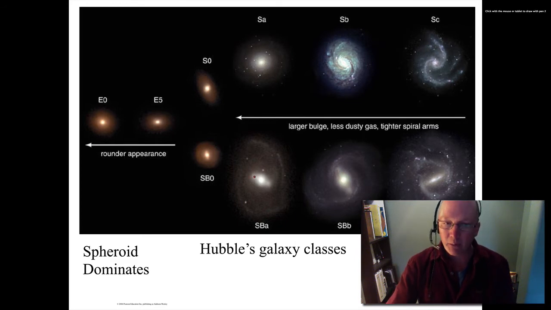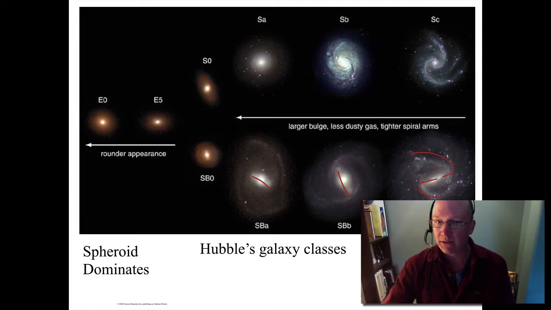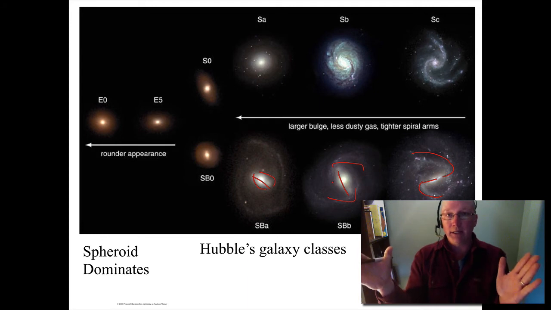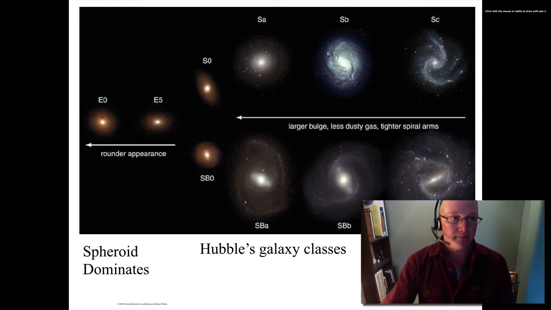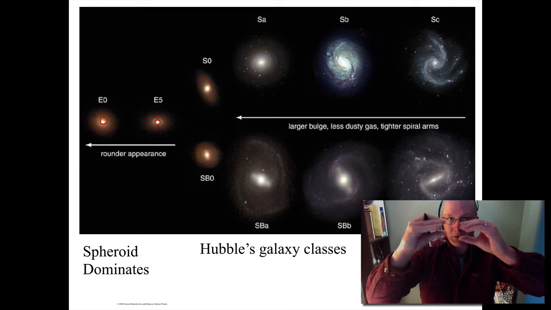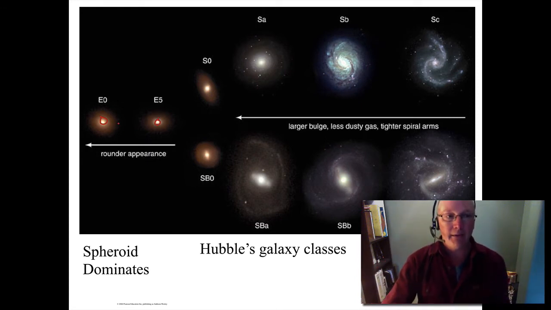And then we've got our barred spirals, again, loosely bound with very distinct arms, more tightly bound, and more tightly bound still. So that gives us a distribution over the types of spiral arms that you can have in a galaxy. And then we have our elliptical galaxies, like this, depending on how circular or elliptical they are, on a continuum from E0 to E5.